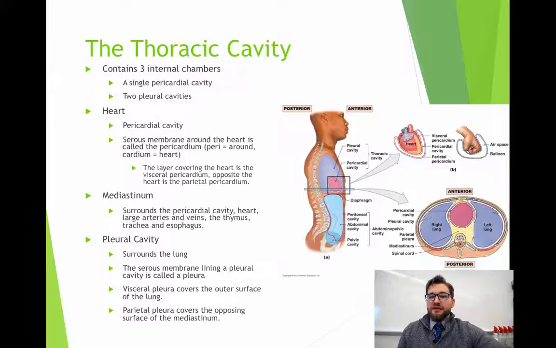So focusing in on the thoracic cavity. The thoracic cavity contains 3 internal chambers. It includes a single pericardial cavity and 2 pleural cavities. The pericardial cavity is the cavity where the heart is housed.